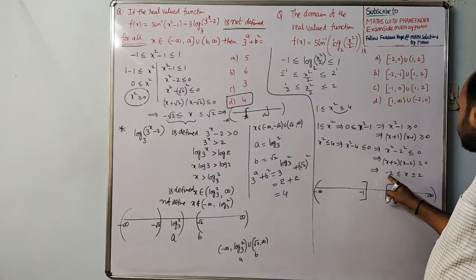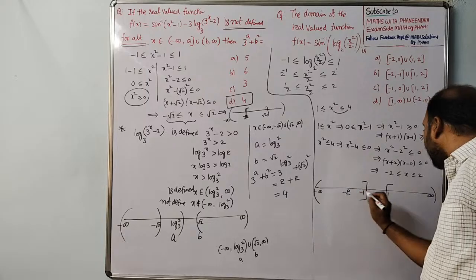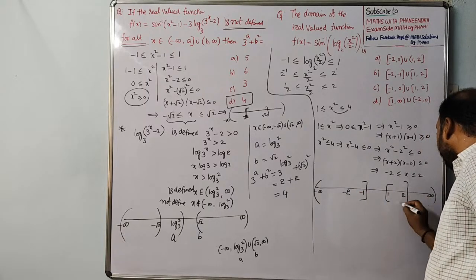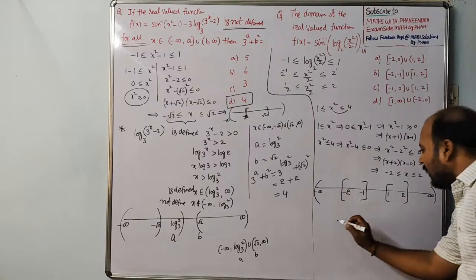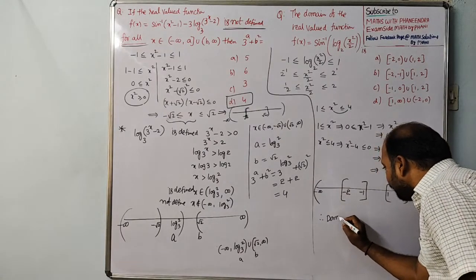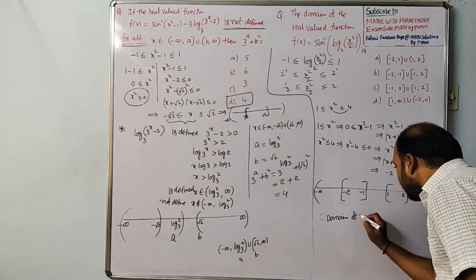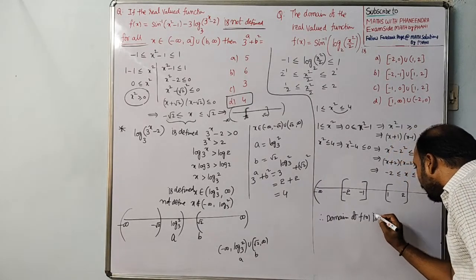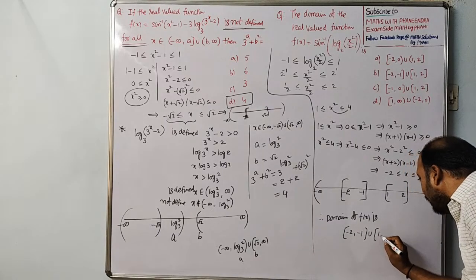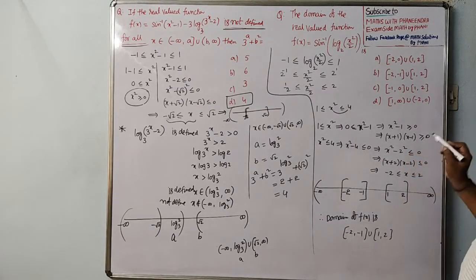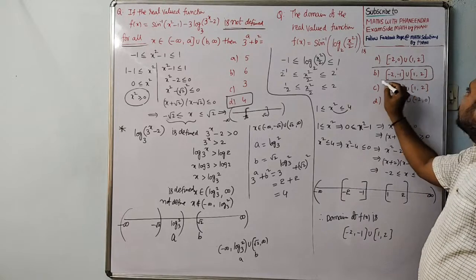Next, x value lies between minus 2 and plus 2. So what is the common interval? Clearly we are observing that this is the only common interval. Therefore the domain of f of x is closed minus 2 comma minus 1 union closed 1 comma 2, which is there in the second option, dear students.